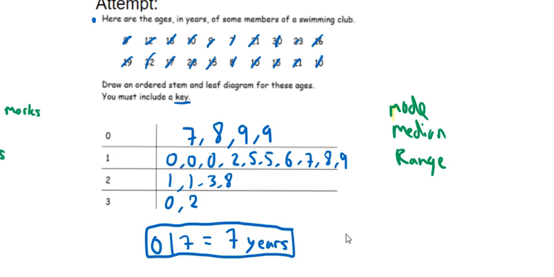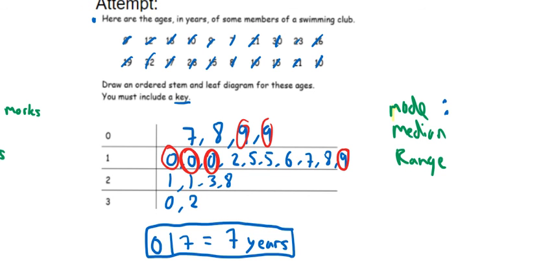Then the mode anyway would be the one that comes up most. So I think clearly there's 3 different people or members of the swimming club who are aged 10, and I don't think there's any leaf there that appears more often. So you see that 9 appears 3 times, but they're on different rows.